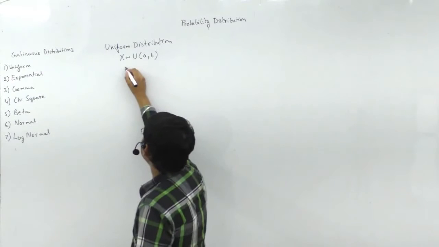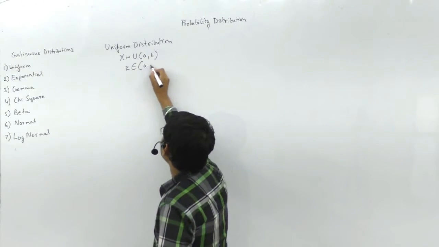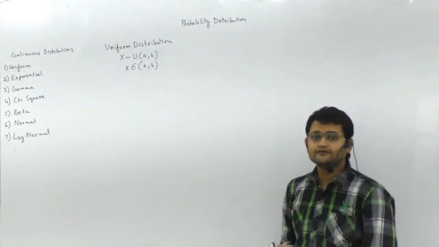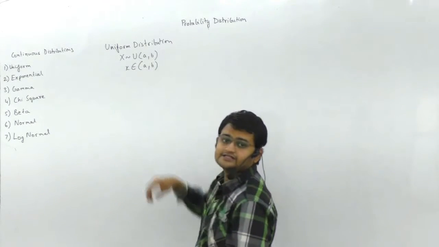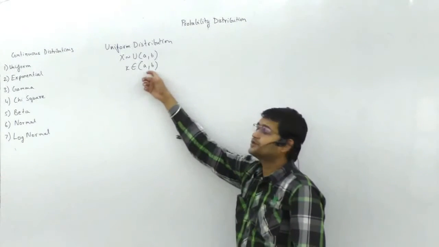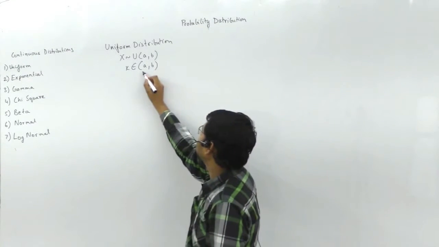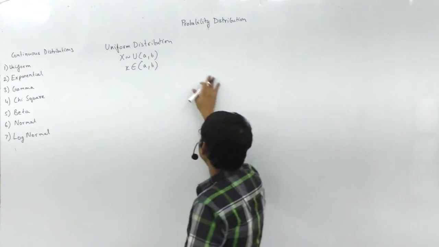So basically our x is going to be between a and b, and these are the limits of our continuous random variable x. Uniform distribution has same probability distributed equally. That means probability density for a continuous distribution will be equal here.